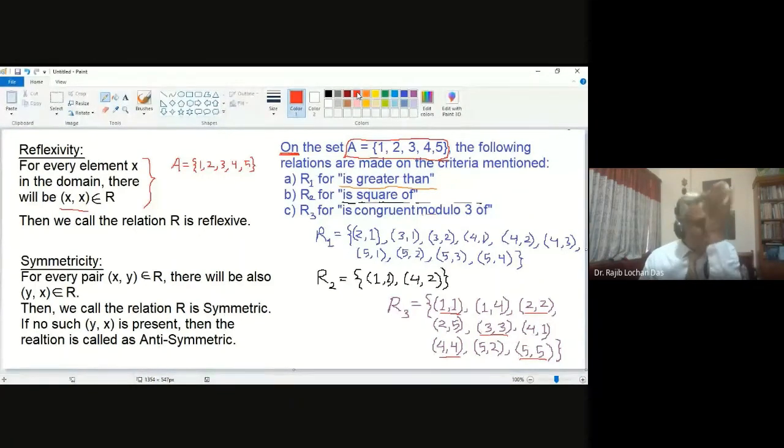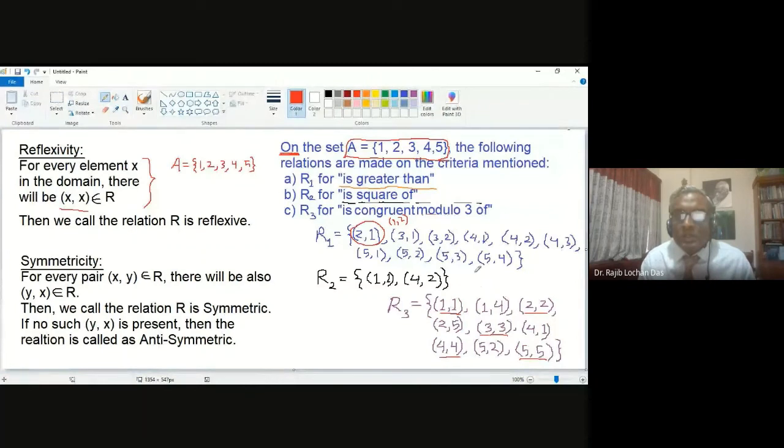If you have x comma y, meaning 2 comma 1, or 3 comma 1, or 3 comma 2. If you have 2 comma 1, do you also have 1 comma 2? That is the condition you will check. If it is there, then it will be symmetric.